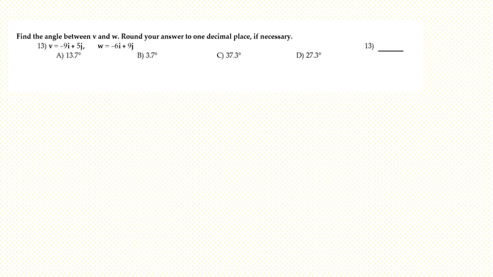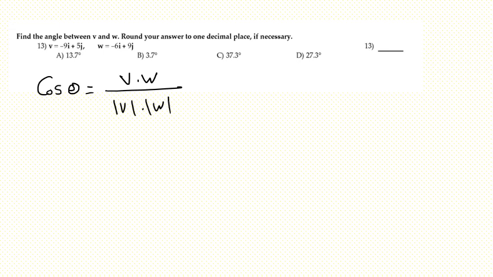Question number 13, how to find the angle between two vectors. You should know that cosine of the angle is equal to V dot W divided by the product of the magnitude of V and the magnitude of W. So first, you need to find the dot product between V and W. Negative 9 and 5 multiply negative 6 and 9.